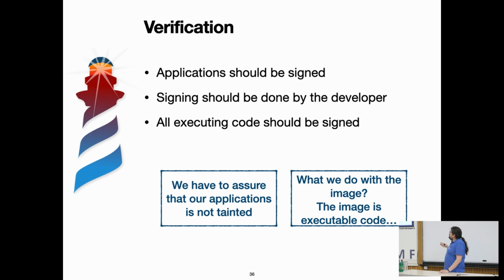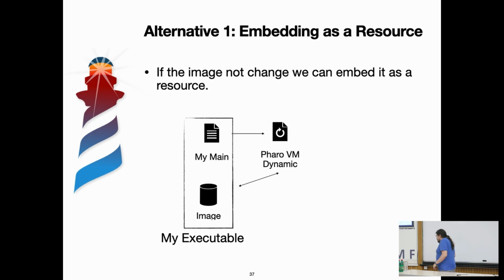Well, basically, what we are proposing, the first step, there are two alternatives we are proposing. It could be more. If you want, we can talk about that. It will be interesting. But the first alternative is embedding the image as a resource. If we are sure that the image will not be used to store data, so it will not be modified during the normal execution of our application, we can take and embed the image inside our own executable.